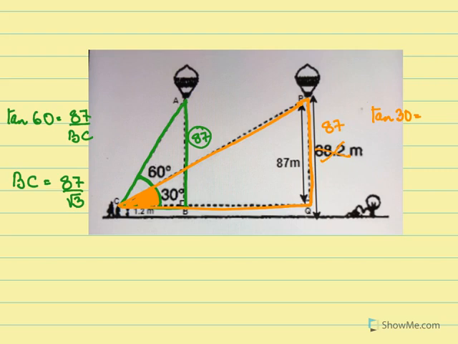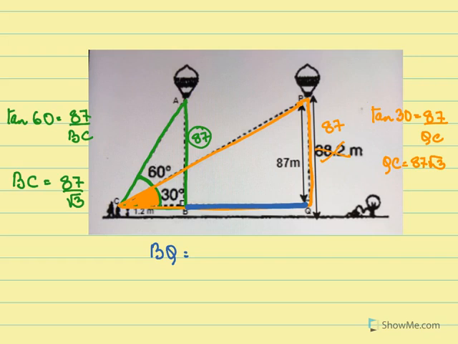We subtract 1.2, the height of the girl, and that would be 87 over QC. And we found our QC is 87 root 3. Then we need to find this distance BQ.